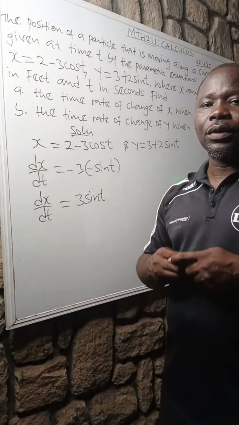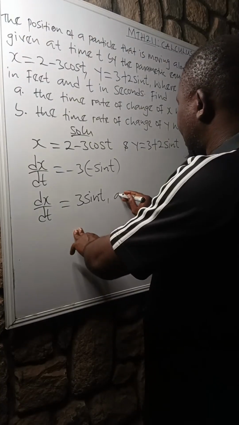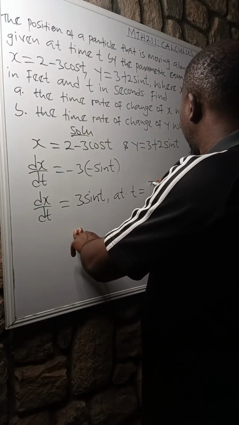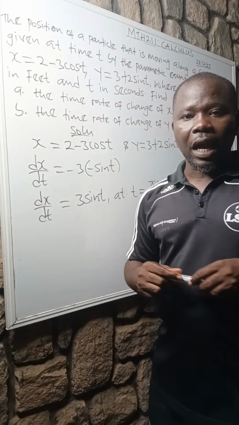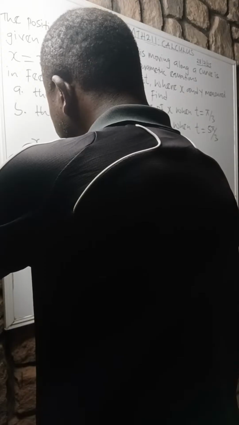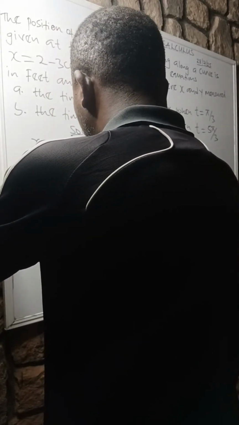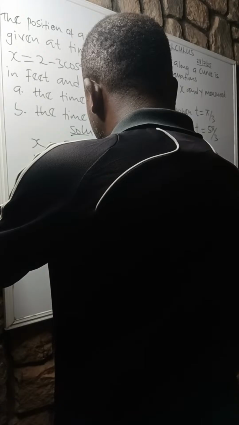Now let us recall that at t equals pi all over 3, dx all over dt equals 3 sine pi all over 3.